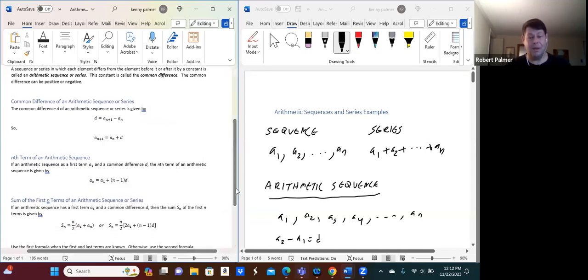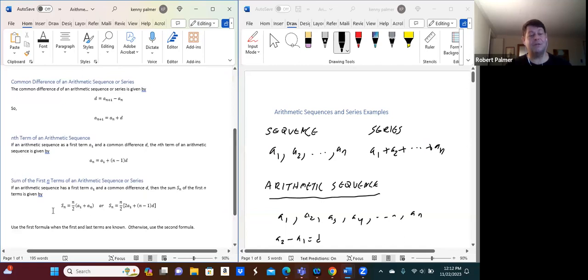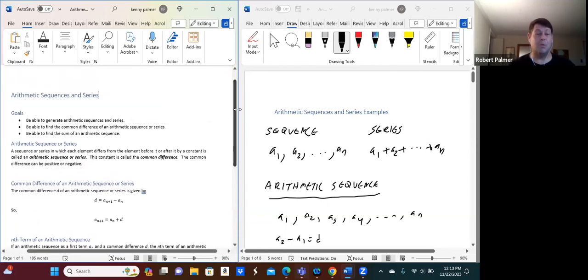Then we also practiced with the sum of a series, adding up the terms of an arithmetic sequence, and we're able to find that value using either of these two formulas, or find a1, an, or d using those same formulas. So we learned the details of how to work with arithmetic sequences and series.